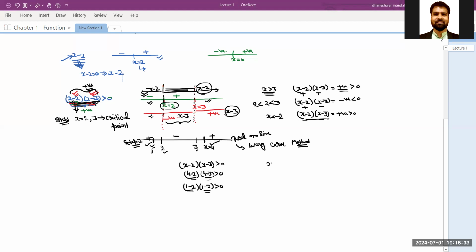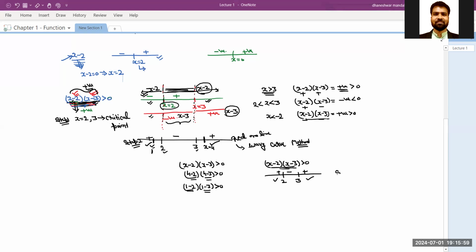So if I want to calculate the solution of this inequality, then first draw the critical points, and plus, minus, plus signs are there. Then if this expression is greater than 0, take the positive sign. If this expression is less than 0, then take the negative sign. But here we have the positive sign because this expression is greater than 0.